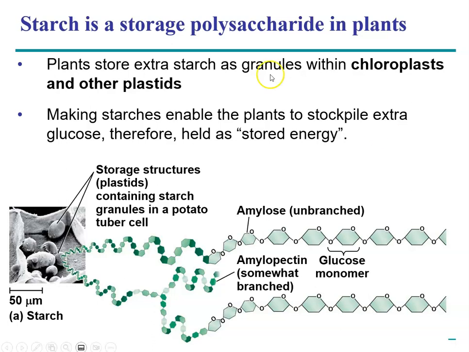Here's a close-up on the bottom left. This is a scanning electron microscope image of starch grains within a potato tuber cell, because potatoes are really starchy, as you may know, and this is why. That's where the potato plant is storing its own potential energy or food for later use.